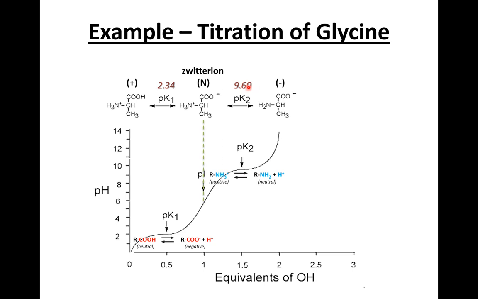Once you reach the pK2, so 9.6, at least theoretically, you should be at a point where you have 50% of the amino group in the protonated form and 50% in the deprotonated form, and therefore 50% of the amino acid in this form, 50% in this form here. And then you will move on. You get to the pK2 plus 1 point, the end of the buffering region here, where you would have 10 times more of the molecule in the negative form than in the neutral form. And then if you keep going, 100% of the molecule will become negative.